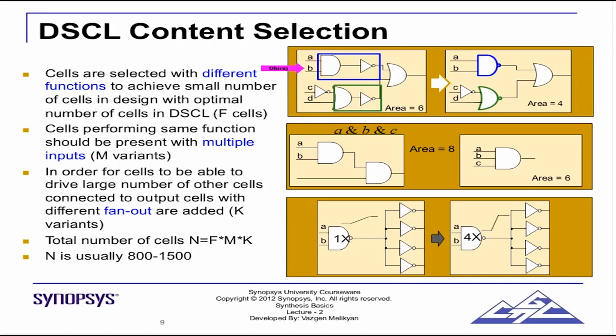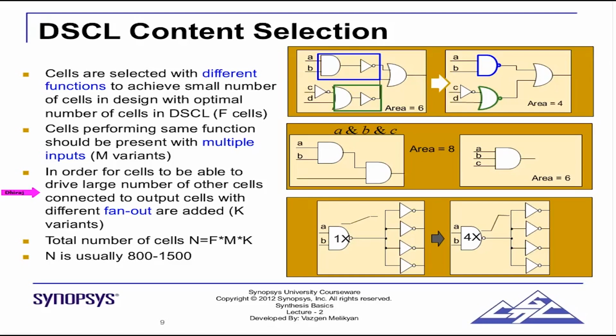Thirdly, you have K different types of drives of a particular cell. So the total number of cells N would be F into M into K. This is a very gross simplification, but N is usually 800 to 1500. That is, there are at least 200 cells in a particular mature library.